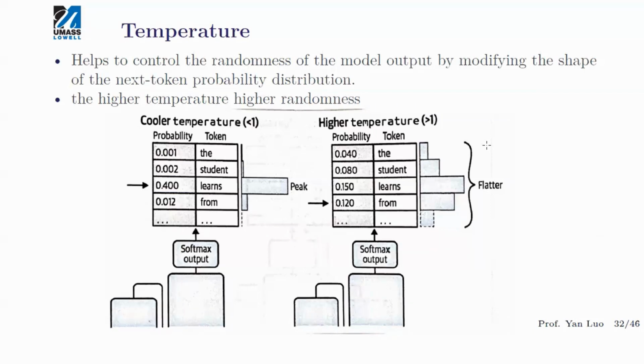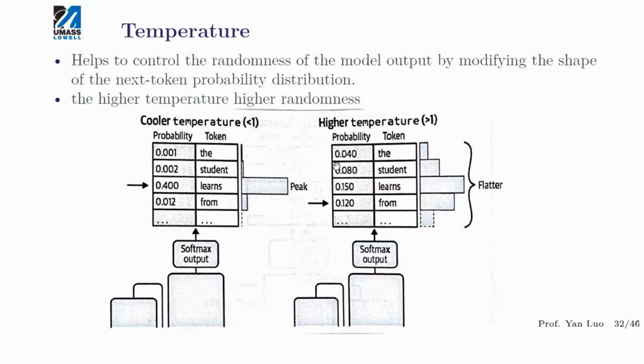Temperature is another interesting parameter you can set that helps control the randomness of the model. Essentially, how much creativity you want the model to have. If you want a cooler temperature, that means you have a sort of peak probability compared to the other possible tokens in the vocabulary.